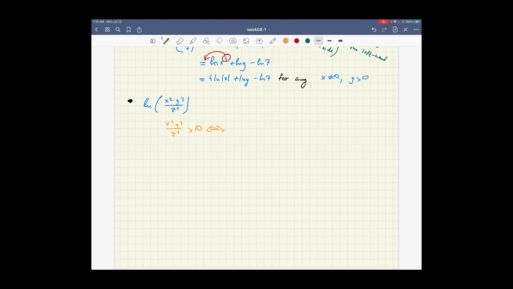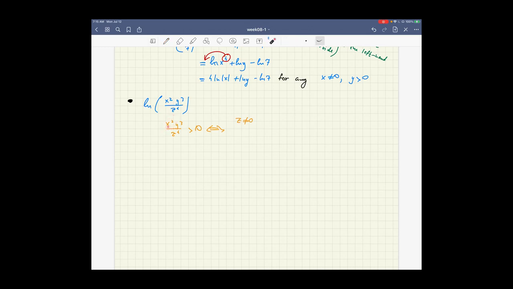Well, x squared is always positive. Well, this is a fraction. The fraction is positive if and only if both the numerator and the denominator are positive or both are negative. Z to the fourth cannot be negative, it's always positive. Z, though, could not be 0. X could not be 0.